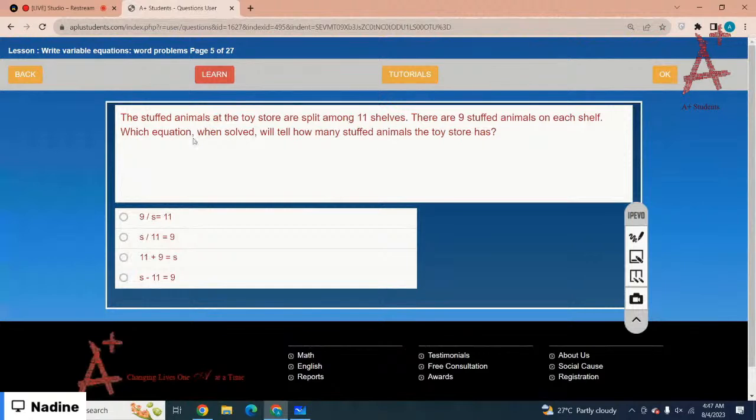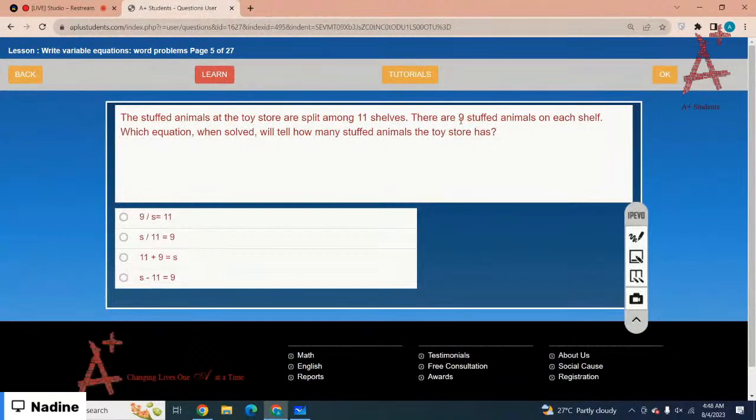The stuffed animals at the toy store are split among 11 shelves. There are 9 stuffed animals on each shelf. Which equation, when solved, will tell how many stuffed animals the toy store has? 11 shelves, right?